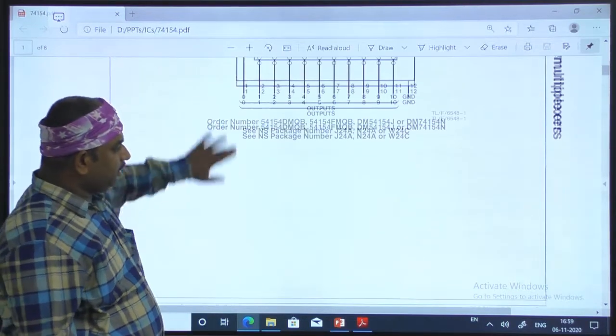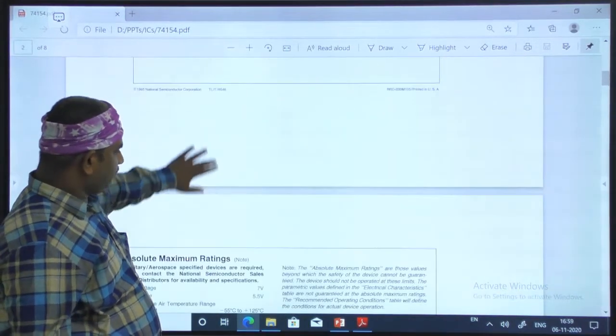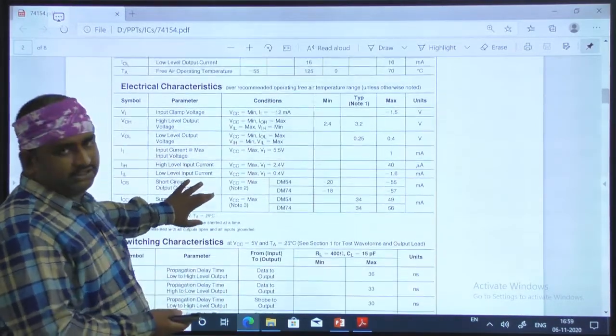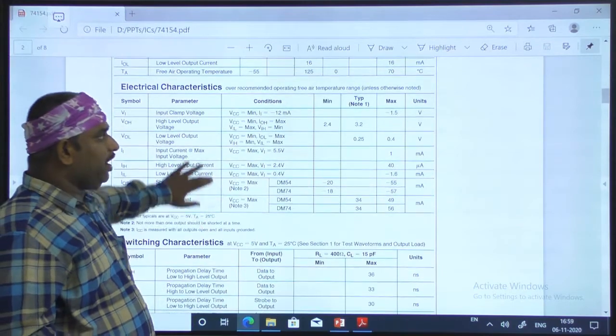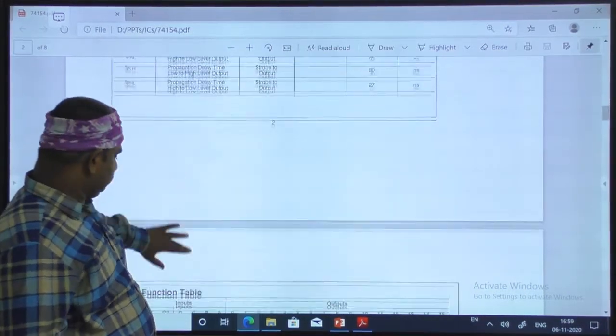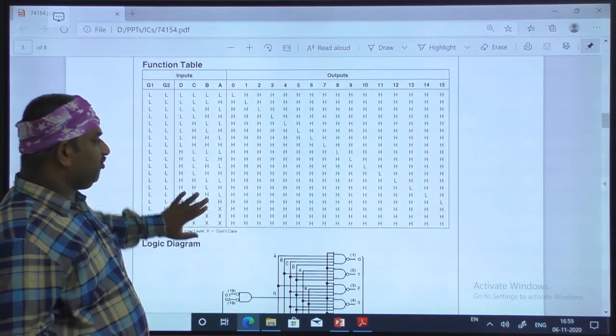And coming to the internal circuit diagram, and again the common operating voltage, at what temperature it is ready to accept, and what are the maximum and minimum voltages we can give. And this is about the function table.